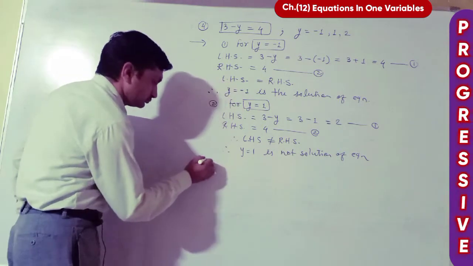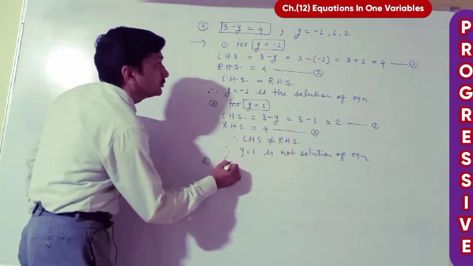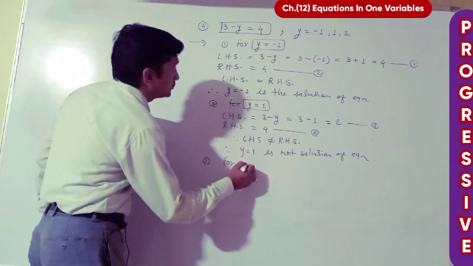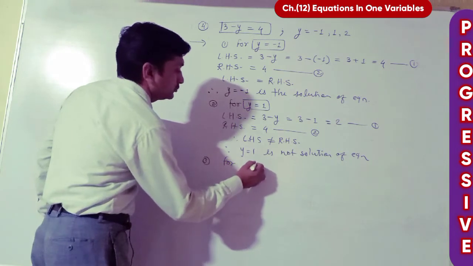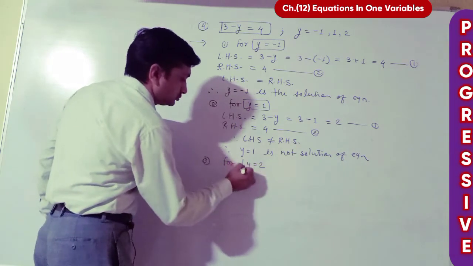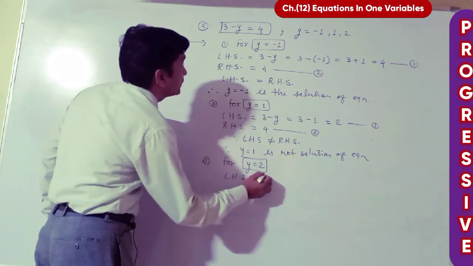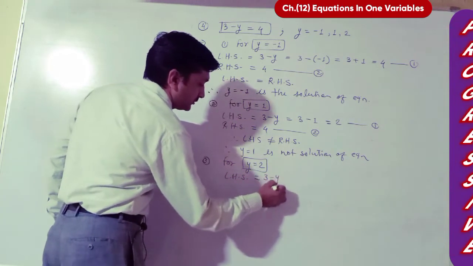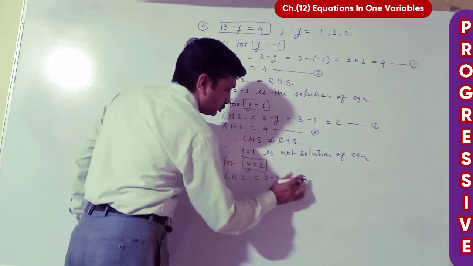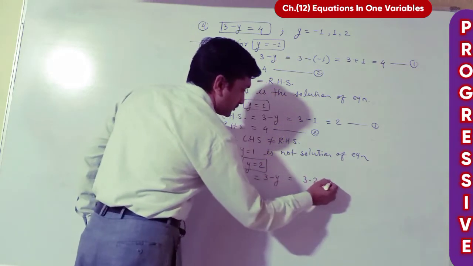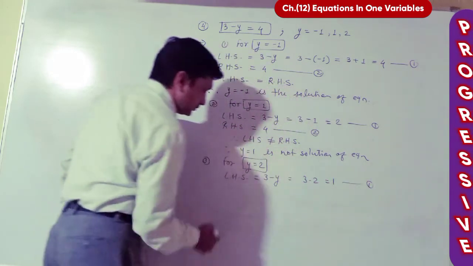And third value, for y is equal to 2, third value. LHS, left hand side, 3 minus y, 3 minus 2 is equal to 1, first.